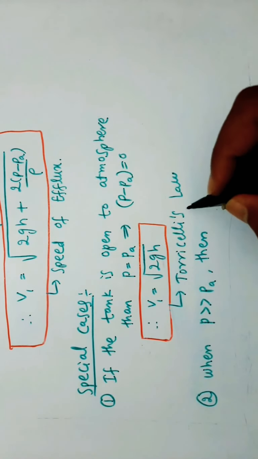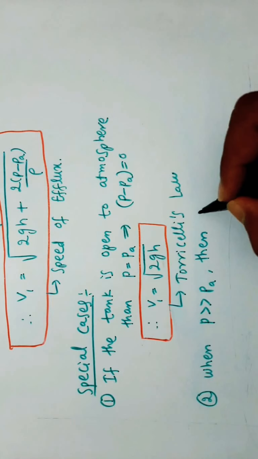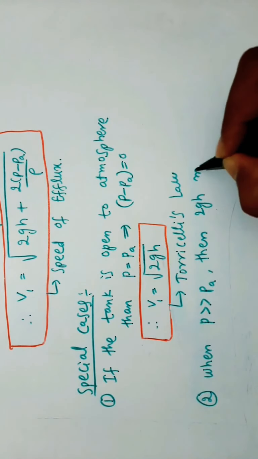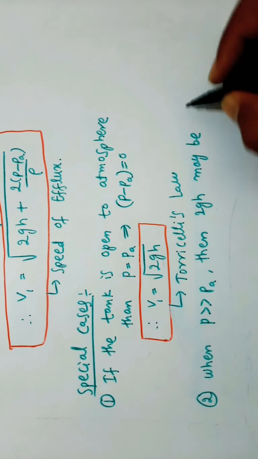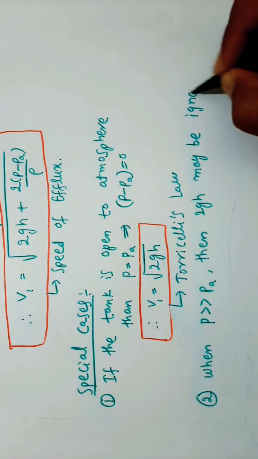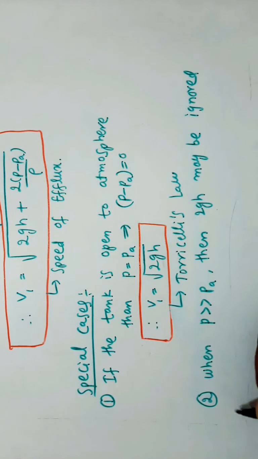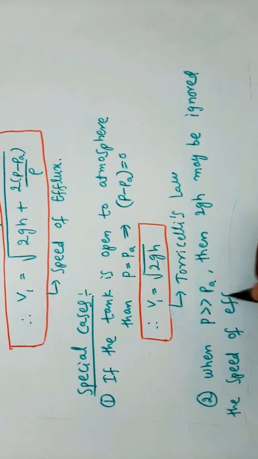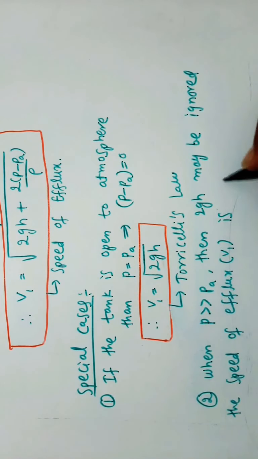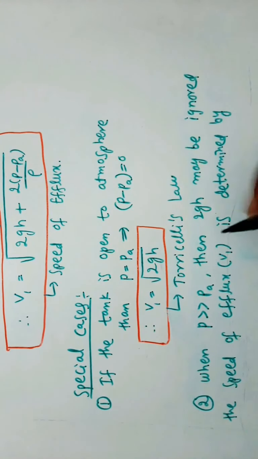Then 2gh may be ignored. The speed of efflux V1 is determined by the container pressure.